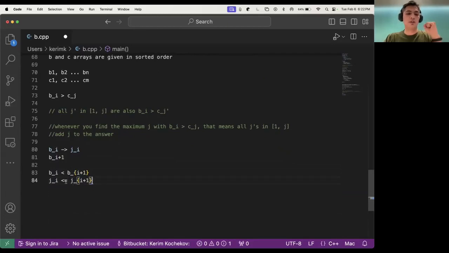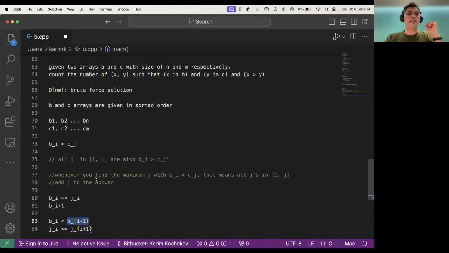So we don't need to count again from the first position up to the Jth position. We can directly start from J_i to find the maximum J that will be smaller than B_(i+1).